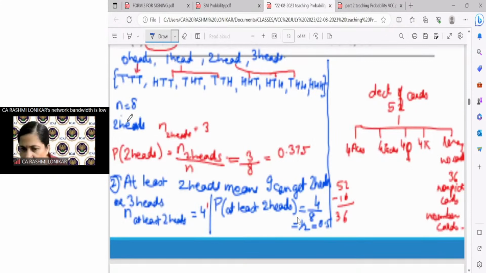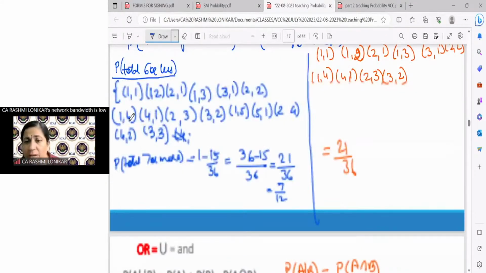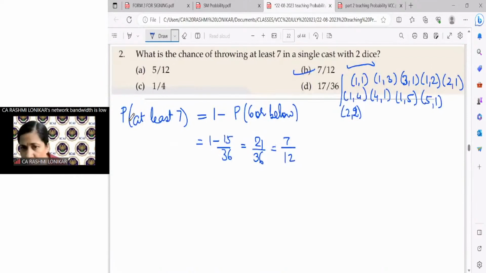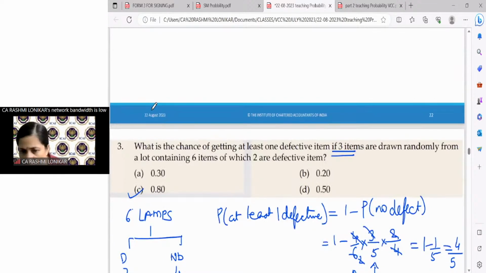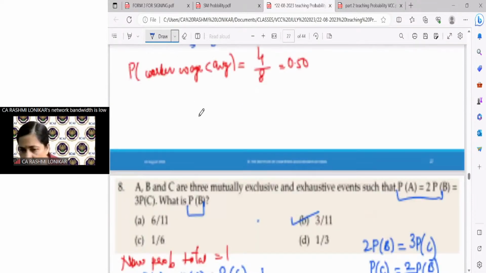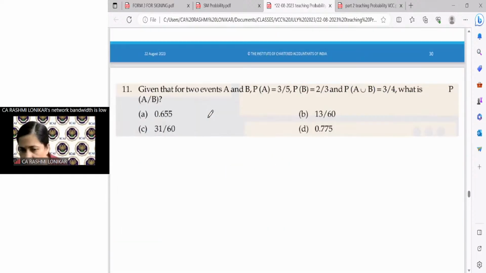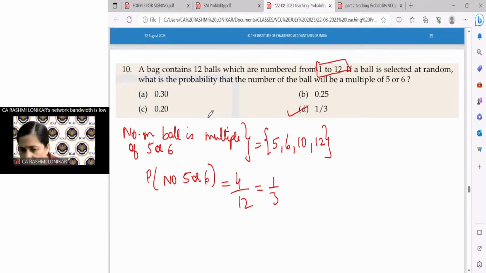It was a very nice session last time, where we talked about cards, coins, and then we were able to complete up to the 10th sum.